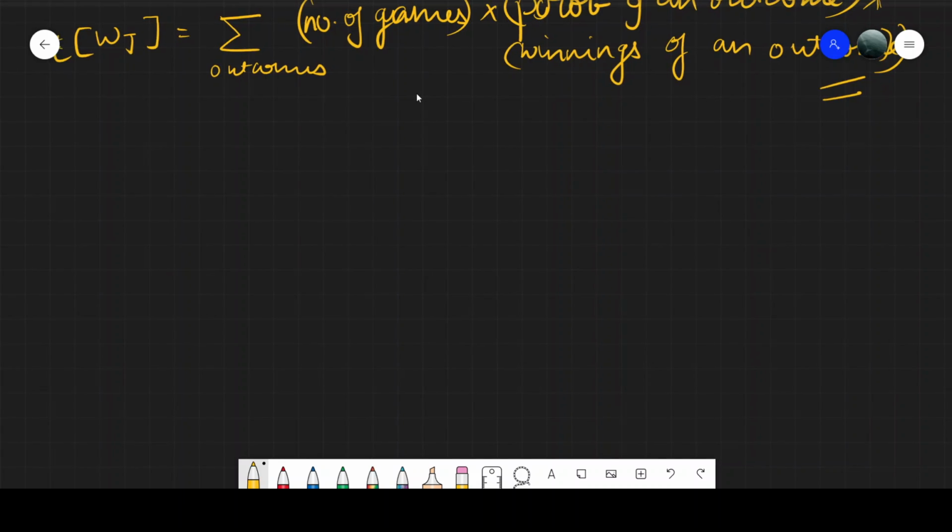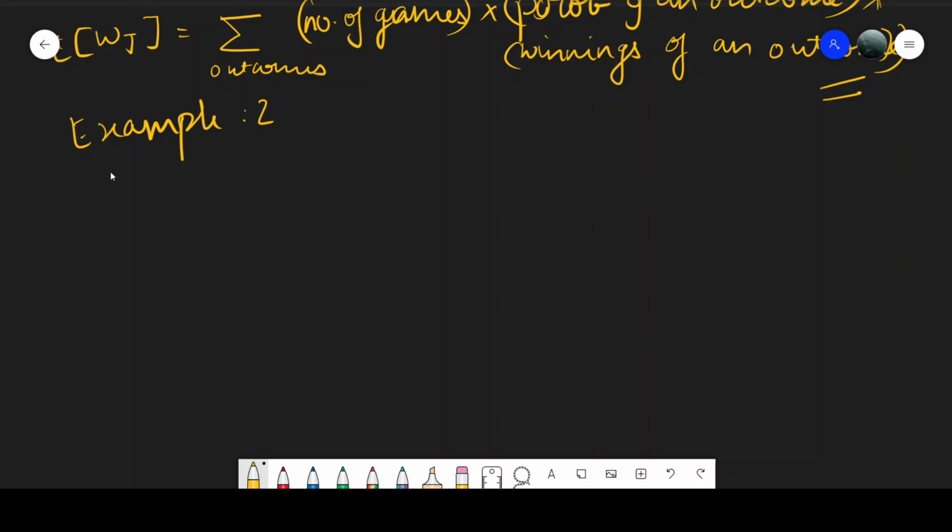Now let's take another example where the probability is not similar. Example 2. In example 1, we said that the probability of the head and tail turning up is equal because it's an unbiased coin. But what if the coin is biased? And what if the amount of money bet by John and Mark is different?